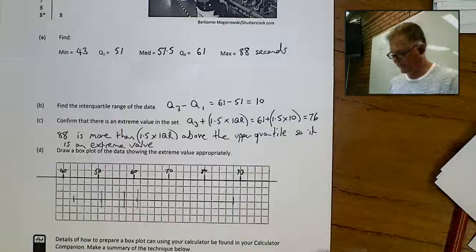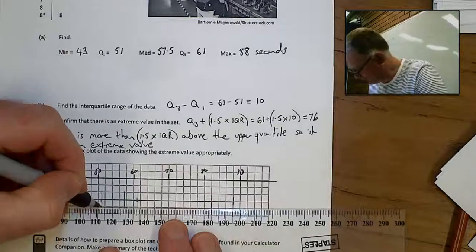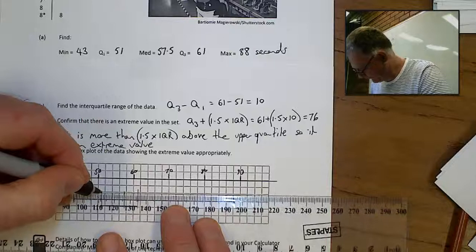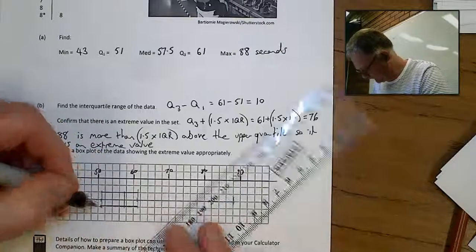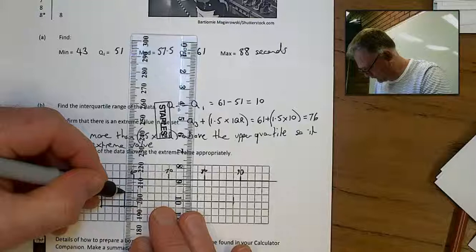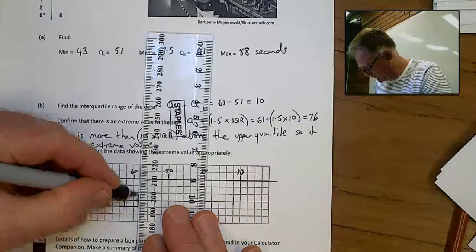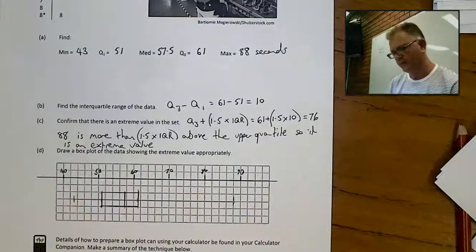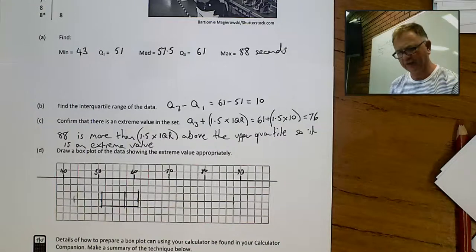Now I'll go over part of this in pen now that I've got it organised. Now for a normal box plot I would start here and finish up here, but I want to indicate that there's an extreme value. One value there that's not really indicative of the way the rest of the data is behaving.